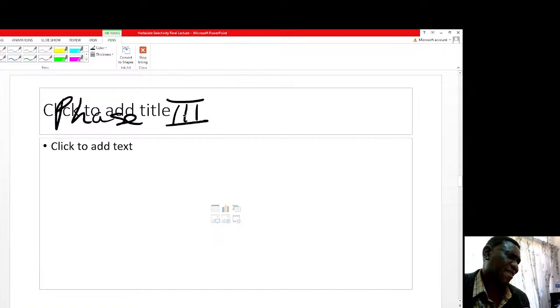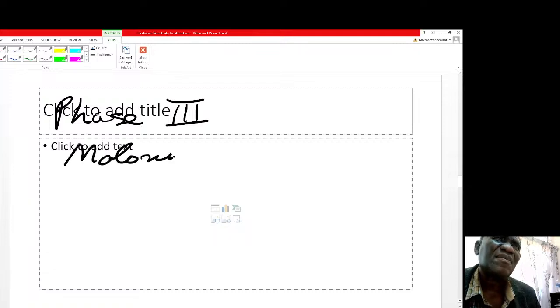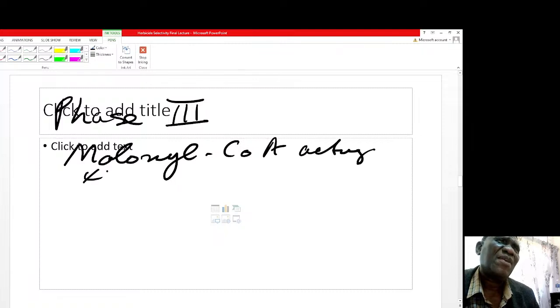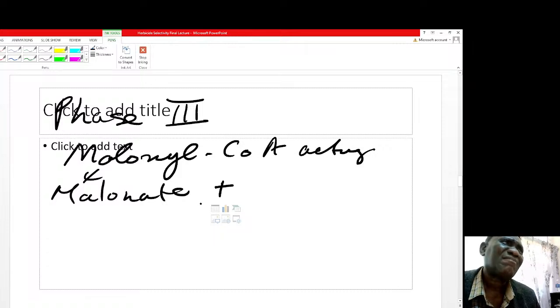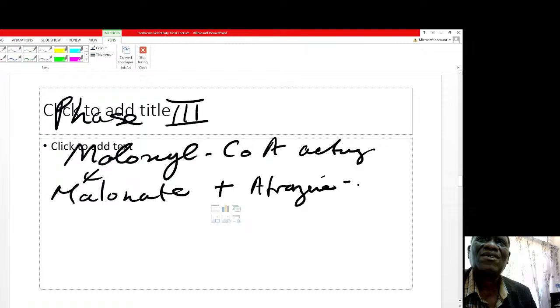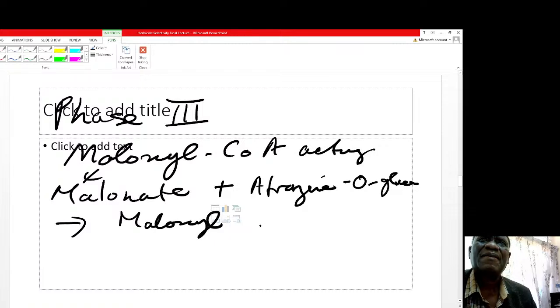Now in phase 3, we have the activity of malonyl coenzyme A. Maybe it gives us malonate, which is going to combine with atrazine glucose, and it probably gives us malonyl glucose atrazine.